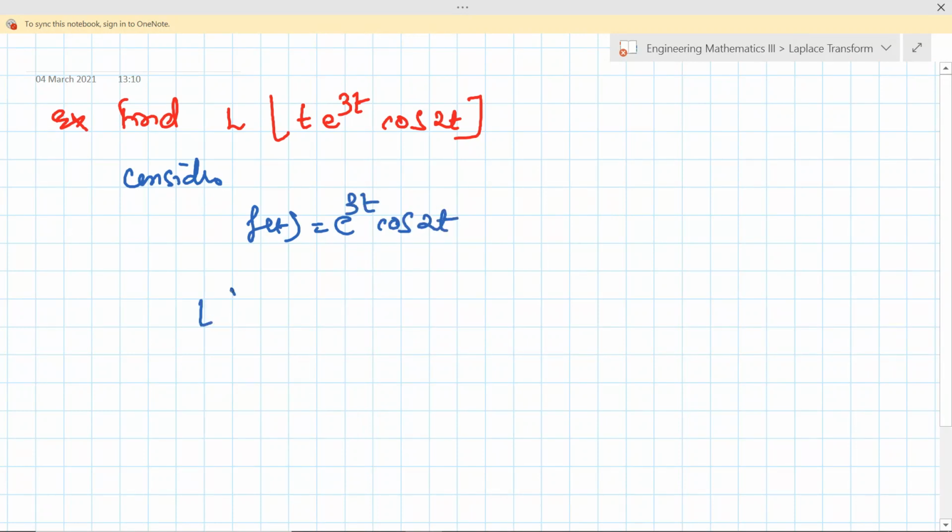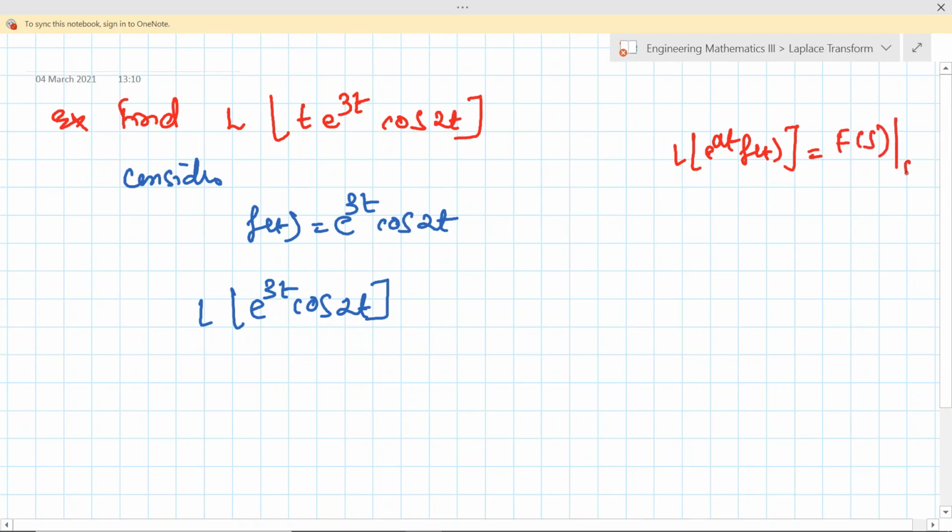Now if I want the Laplace of e raised to 3t into cos of 2t, we just use the first shifting theorem here. What is the first shifting theorem? Laplace of e raised to at into f of t is equal to what? We just replace s by s minus a in f of s. So this is the Laplace transform of cos 2t, where we replace s by s minus 3.